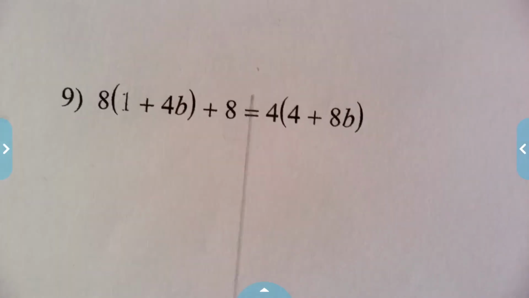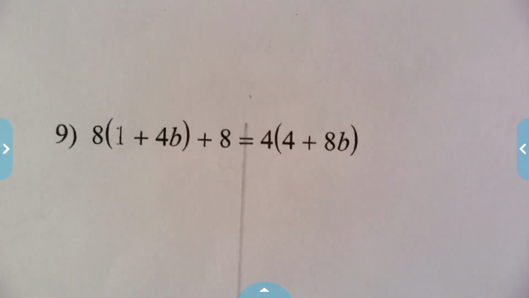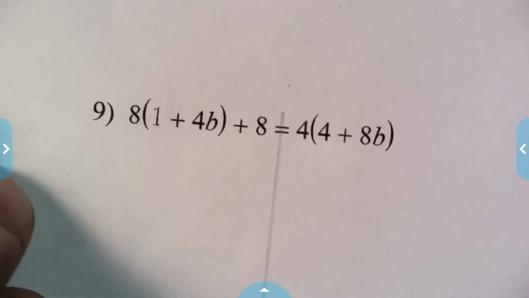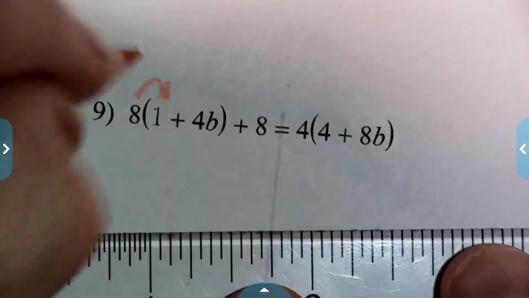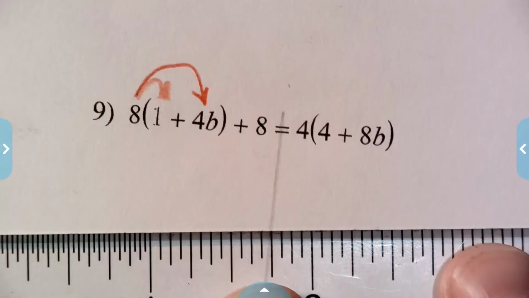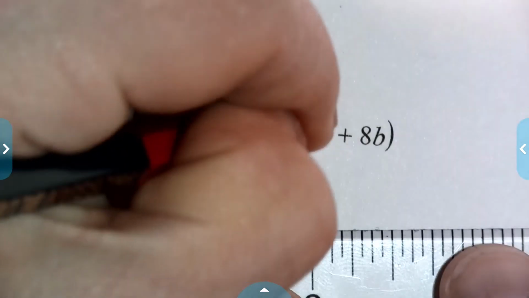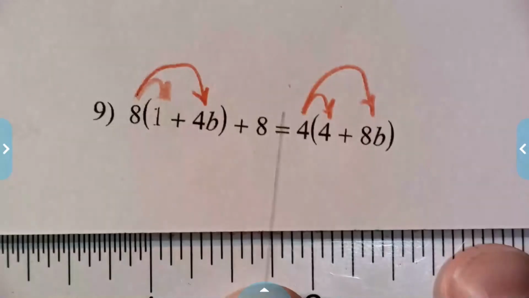Looks like we're going to have variables on both sides of the equation. So first I'm going to distribute this 8 to the 1 and this 8 to the 4b, then 4 to the 4 and 4 to the 8b.